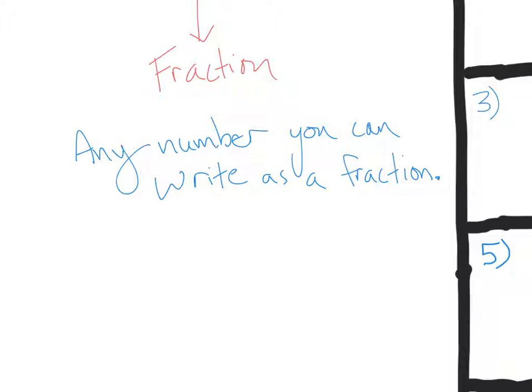Alright, and here are some examples. 3 over 4. Remember, all integers are rational numbers, since we can just put a little 1 on the bottom, so 2 over 1. So 2 is a rational number. Negative numbers, like negative 4 or negative 3 over 4, those are rational numbers.